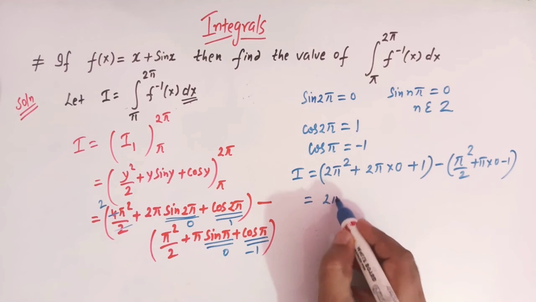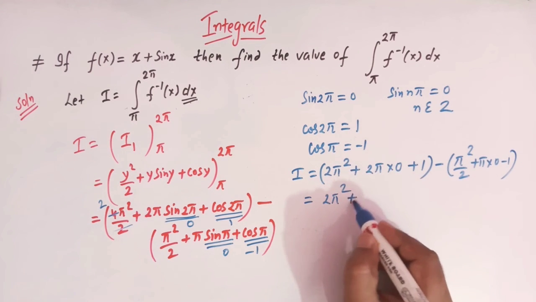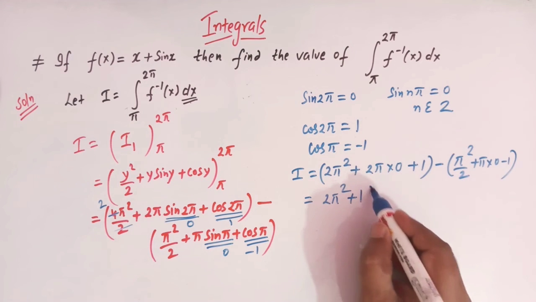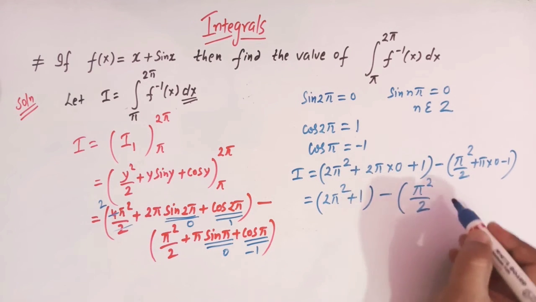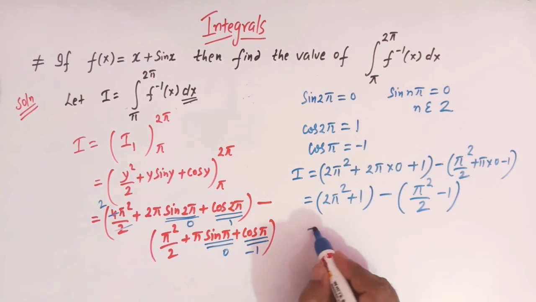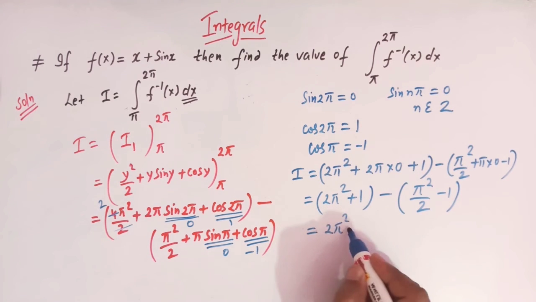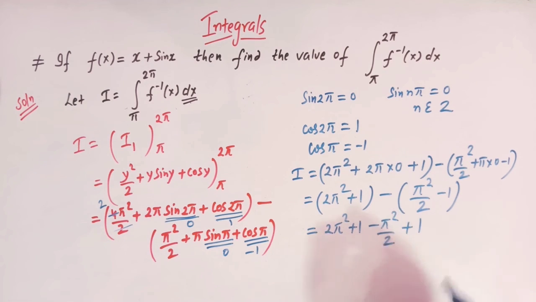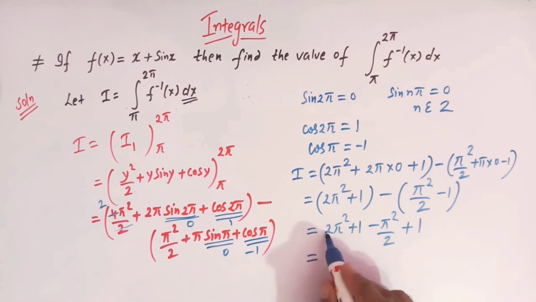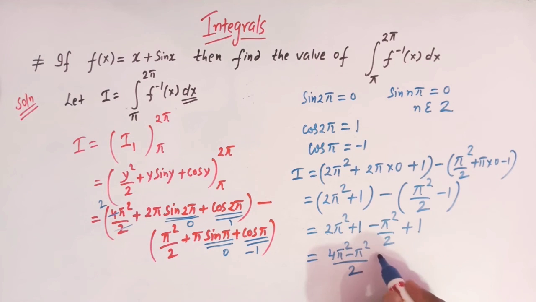So we have 2 pi square plus 1, and here we have minus pi square over 2 and minus minus 1. So this is 2 pi square plus 1 minus pi square over 2 plus 1, and this is 4 pi square minus pi square over 2, and 1 plus 1 is 2.